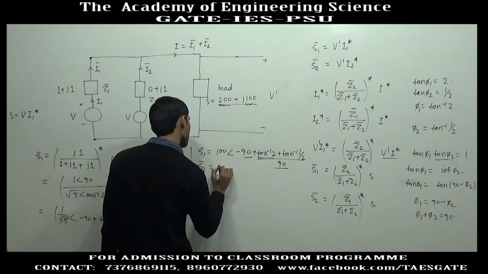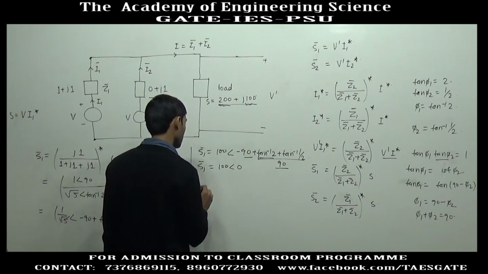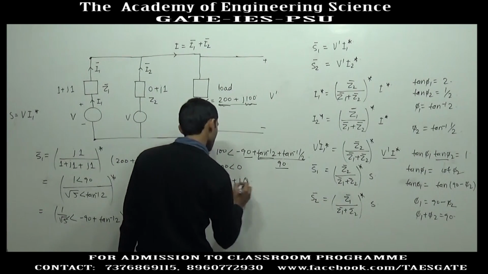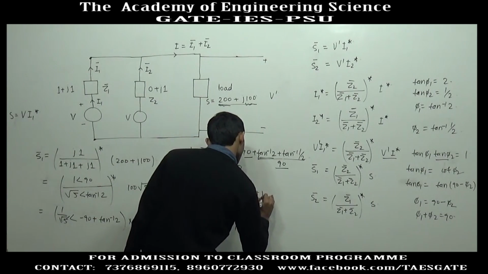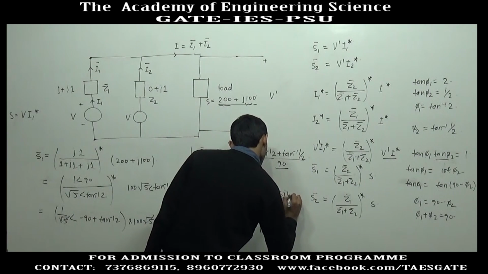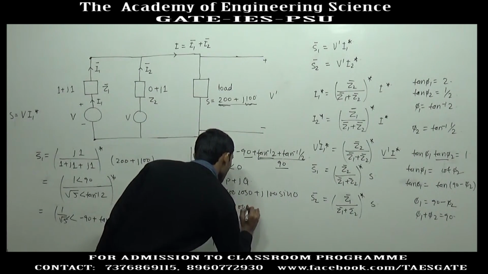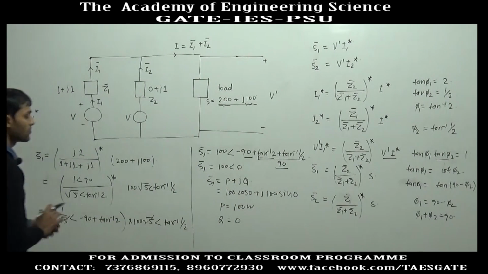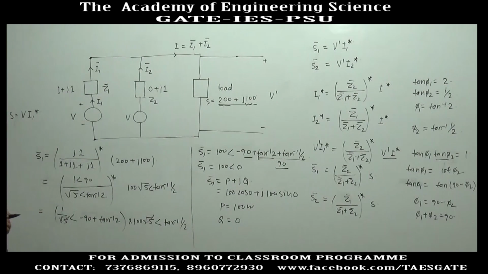So, S1 vector will be 100 angle 0, and S1 vector is equal to P plus jQ, hence this will be 100 cos 0 plus j100 sin 0, hence the active power is equal to 100 watt and reactive power is equal to 0. So, the active power contributed by the first generator is equal to 100 watt.